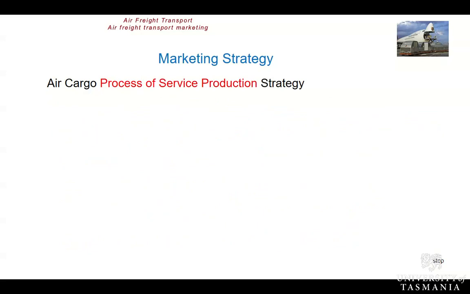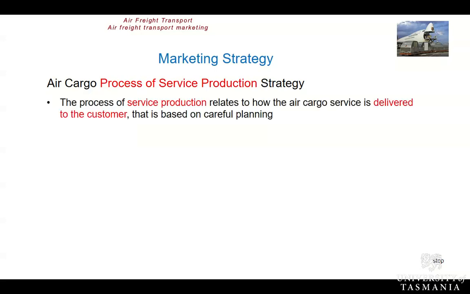And the last element of the marketing mix that a services business such as an air cargo carrier needs to be mindful of is the process of service production. So essentially what we're talking about here are the back-end processes that are in place that actually result in the delivery of the goods that you're sending.